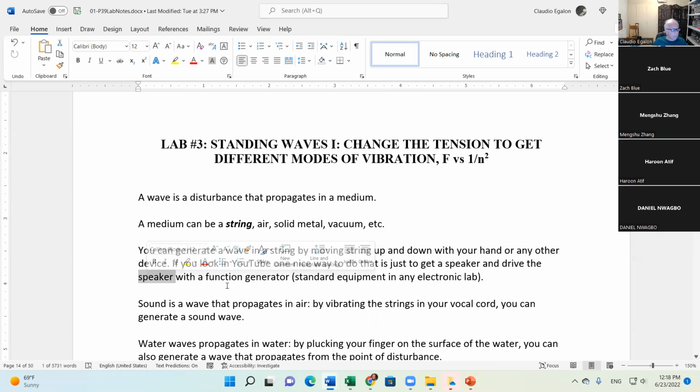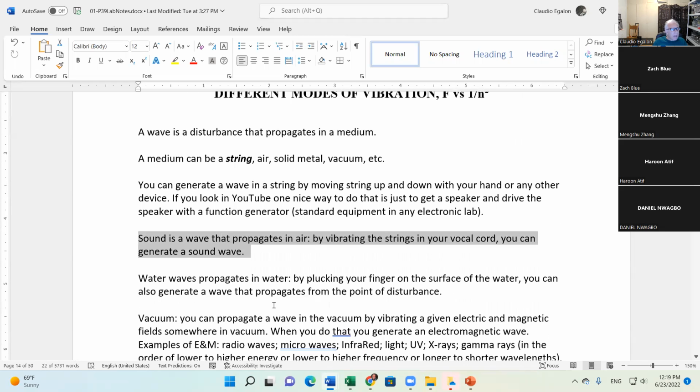Maybe not everybody is familiar with the function generator, but function generators provide a current at a given frequency. They are just a combination of capacitors with inductors.